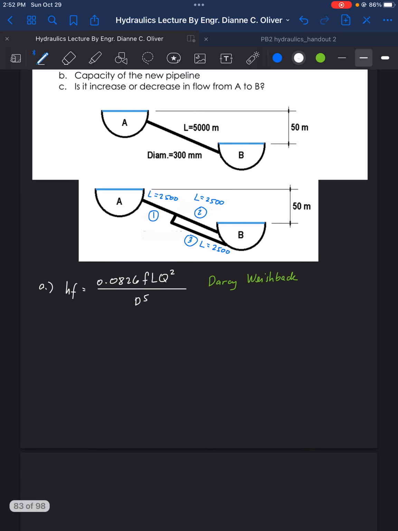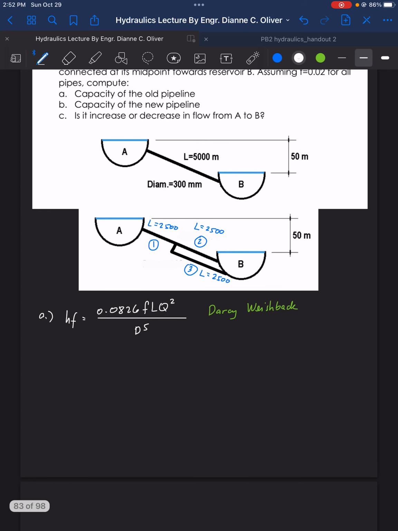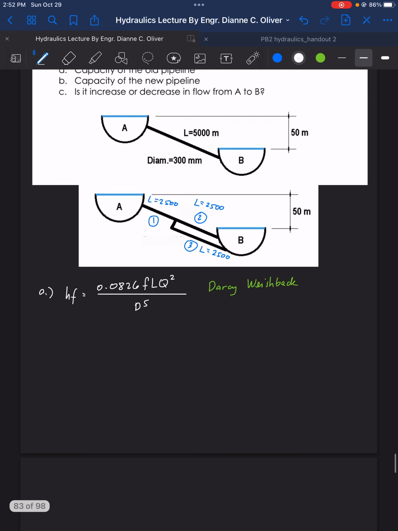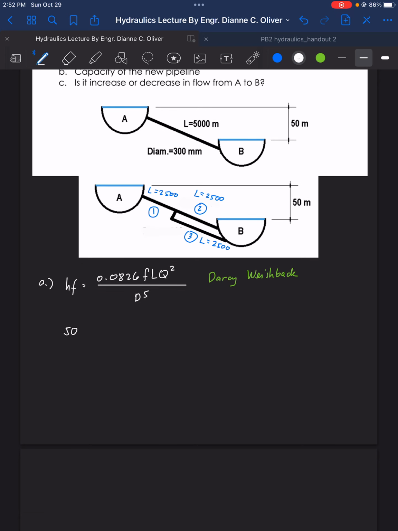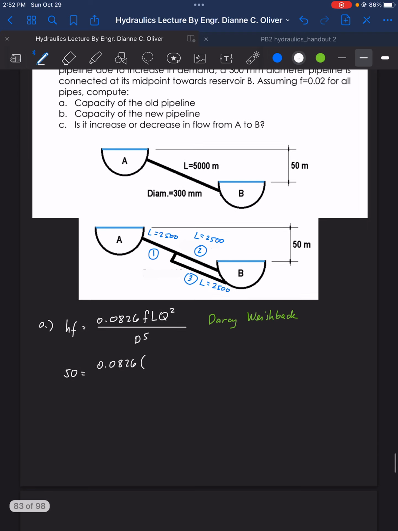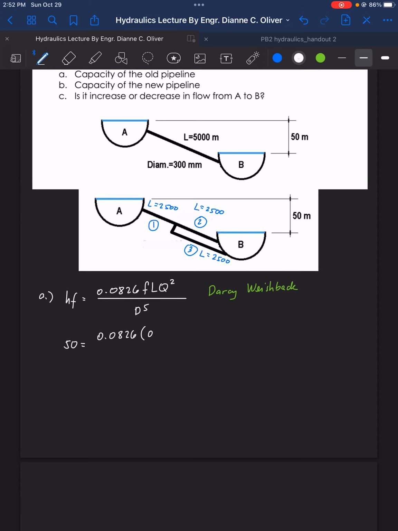So for the total head loss of 50, what's the first problem? The first one is the capacity of the old pipeline. So 50 meters is equal to 0.0826. The F here is 0.02. The length is the total length, the 5,000 meter length, and then the Q of the old one, or the original.